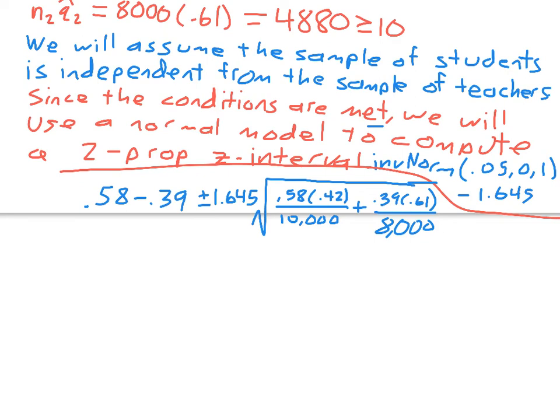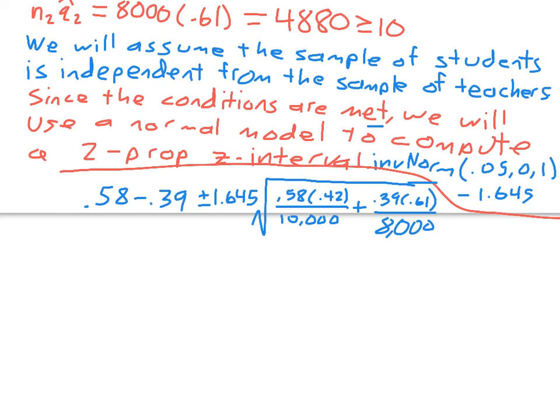So we're going to go to Stat, Tests, and if you scroll down to B, you'll see 2 prop z int. Okay, so x1 was 0.58 times 10,000. If you do this and it ends up not equaling an integer, you need to round to the nearest integer. It equaled 5,800, so we're good there.